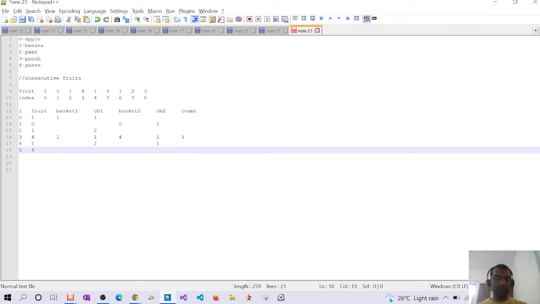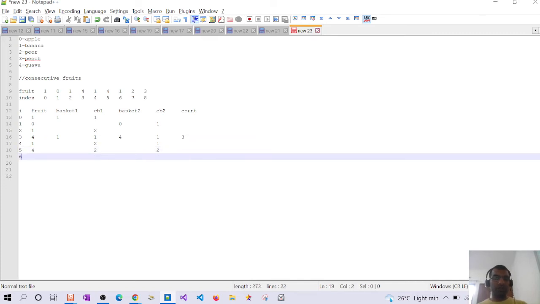Yes, it is in basket 2, so its count is 2 again, so we'll increment its count, that is we have two fruits of type 4. Then we'll go to index 6. So at index 6 we have 1, so we'll see whether 1 exists in basket 1, basket 2. Yes, it exists in basket 1. We'll increment the count, it becomes 3 and the other count is 2 only.